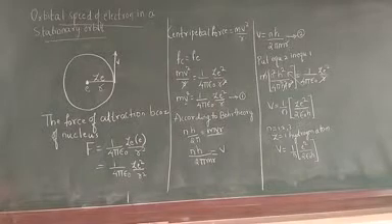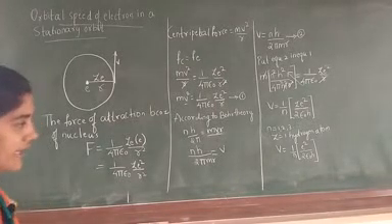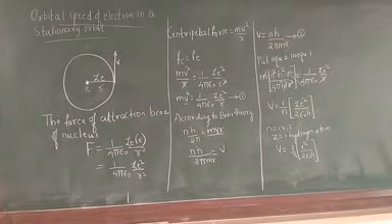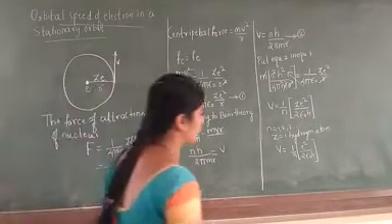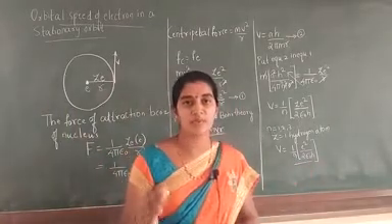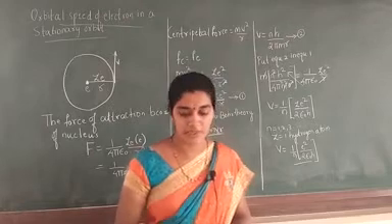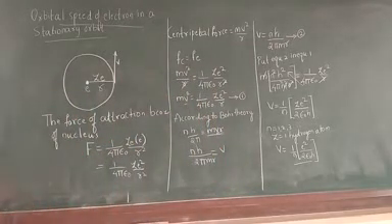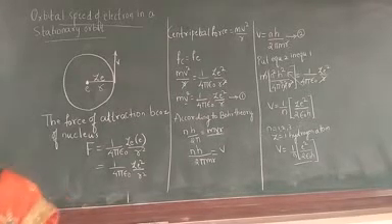By using this equation, we can tell that the orbital velocity of the electron is inversely proportional to the orbit number. It is always inversely proportional to the orbit number. Therefore, this is the expression or derivation for the orbital speed of the electron in a stationary orbit.